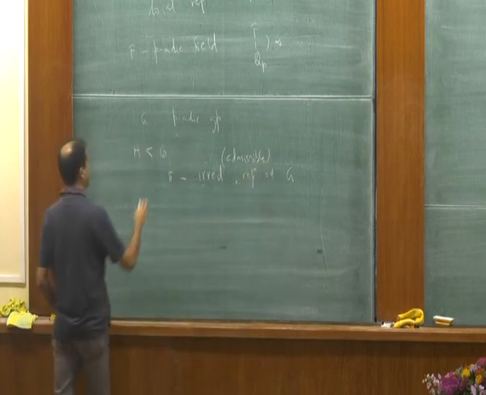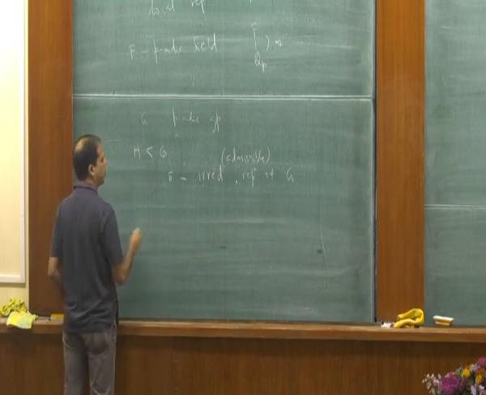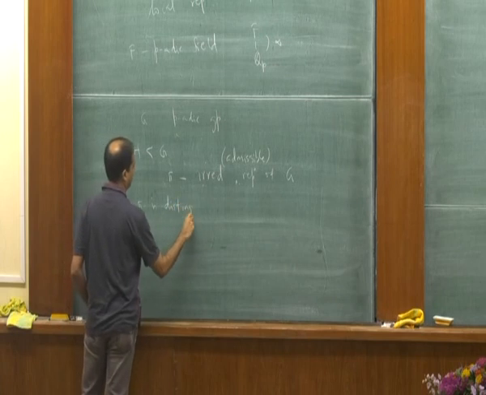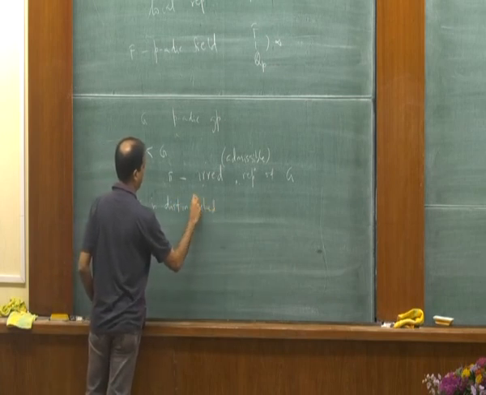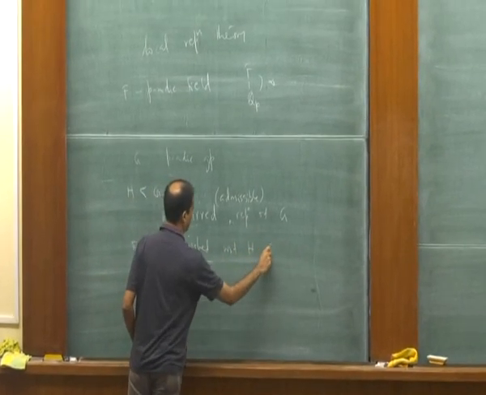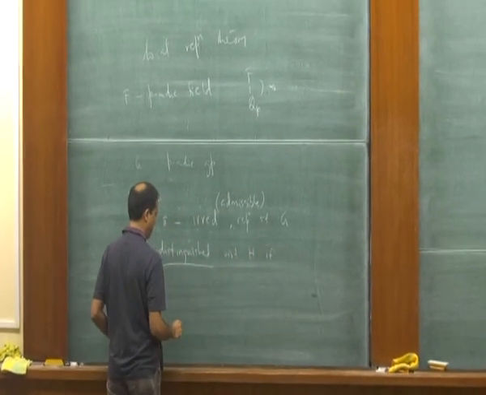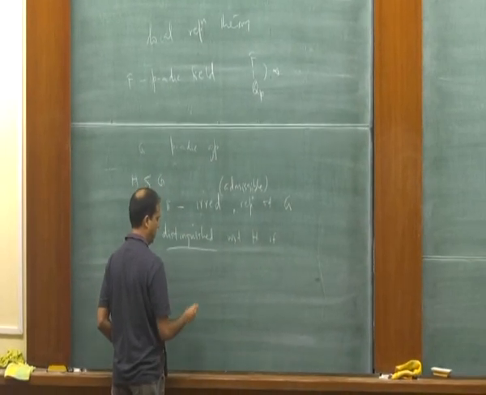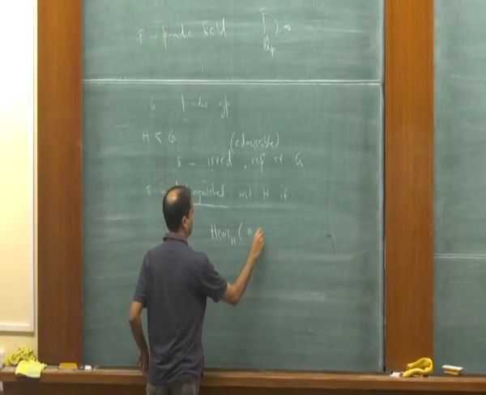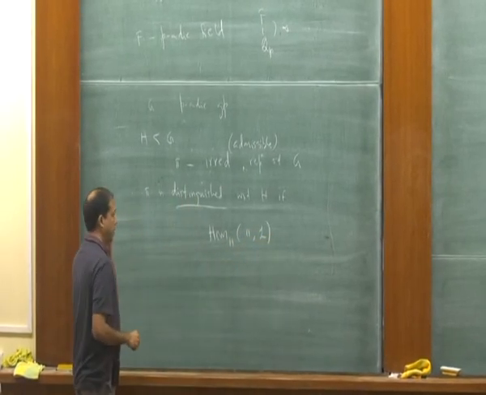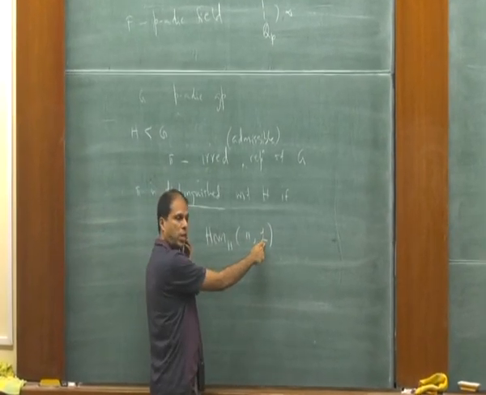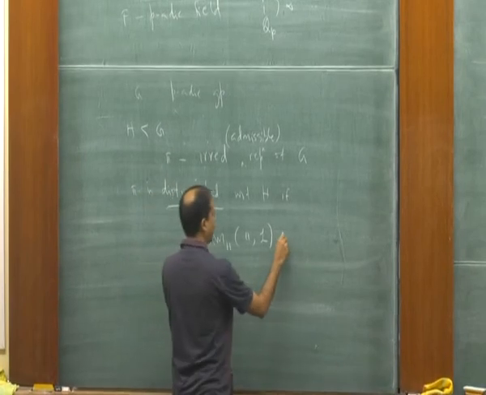And we say that pi is distinguished with respect to H if this space Hom_H(pi, 1), the intertwining maps from pi to the trivial representation, is non-zero.